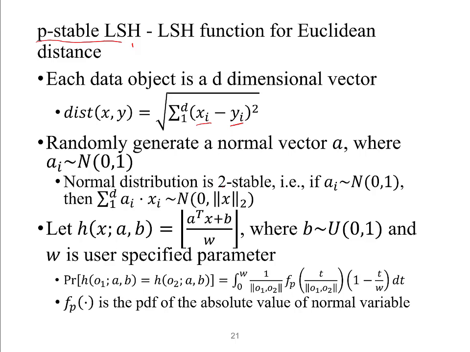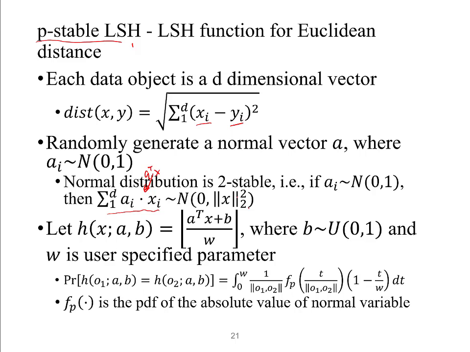This is the major property that makes this whole thing work. So 2-stable means given each a_i follows the standard normal distribution, then this part, A transpose X, follows the normal distribution with a mean of 0 and variance of the norm of X to the power of 2.